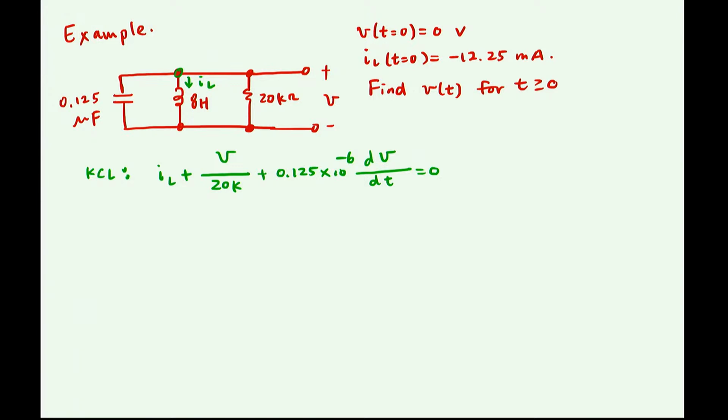And then we know that for the inductor, there is a relationship between its current and the voltage. Okay, so now we have two equations. We have two unknowns. One is the current of an inductor IL. One is the voltage of a capacitor V.